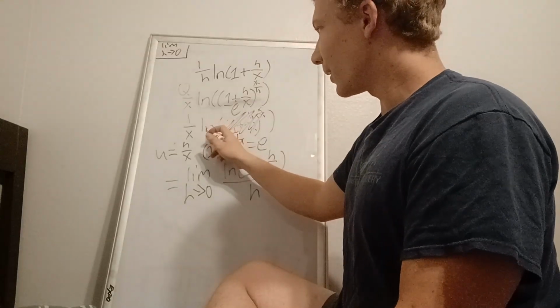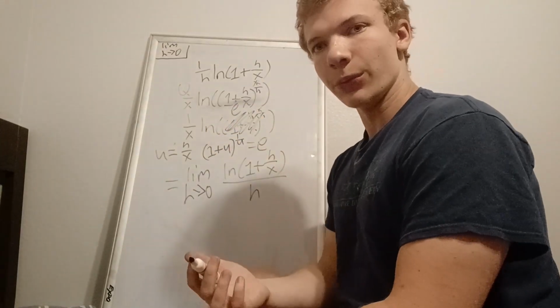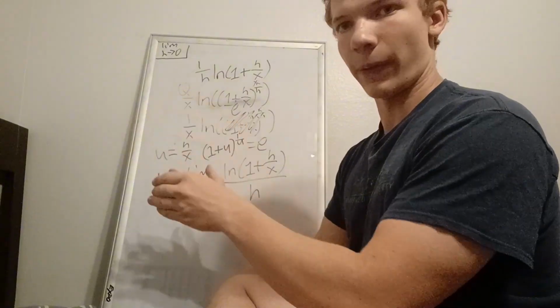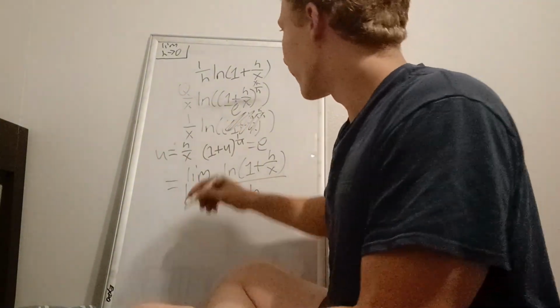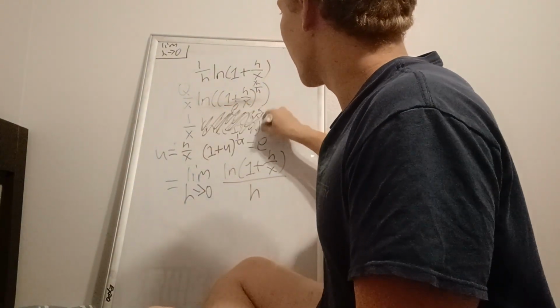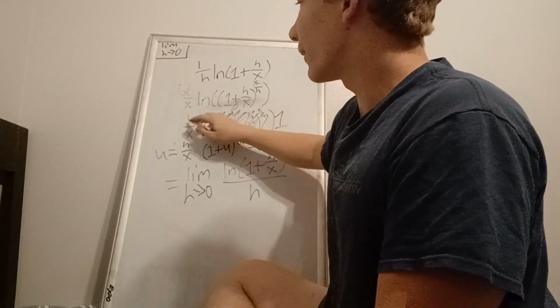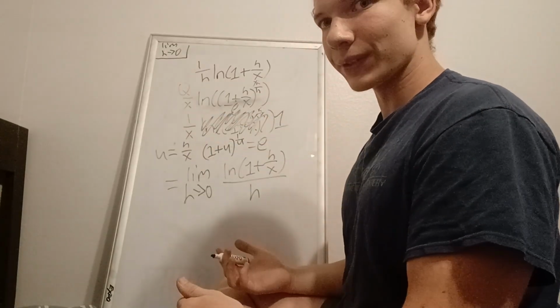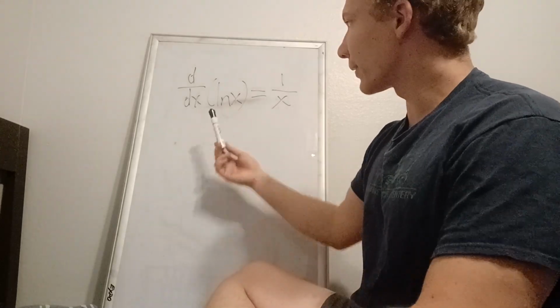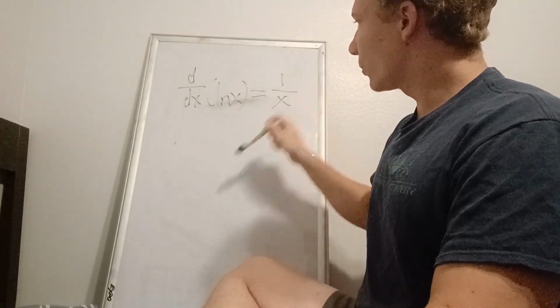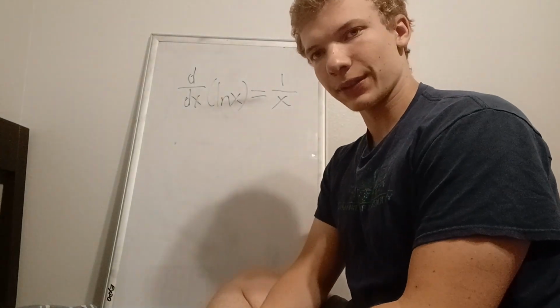And since it's log base e of e, when you have log base of the base, it must be 1. So this cancels out to just be 1, and we're left with 1 over x, which means the derivative of the natural log of x is equal to 1 over x.